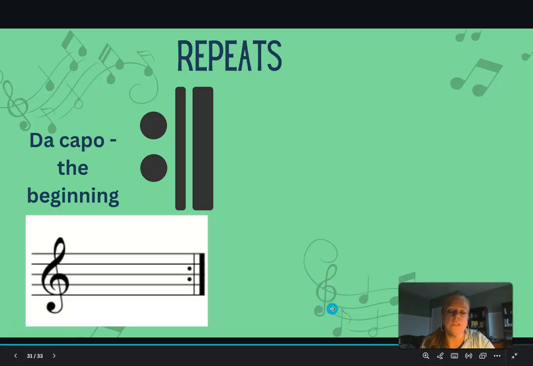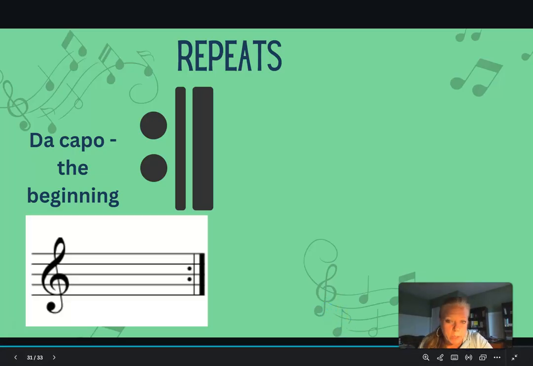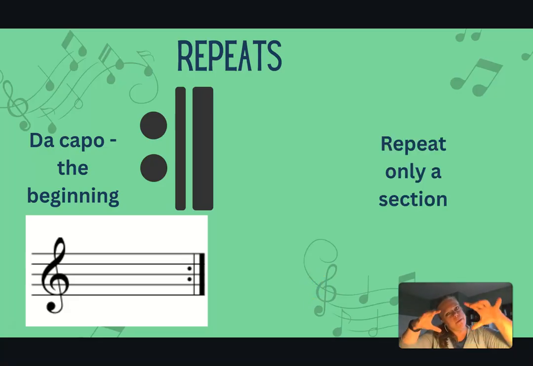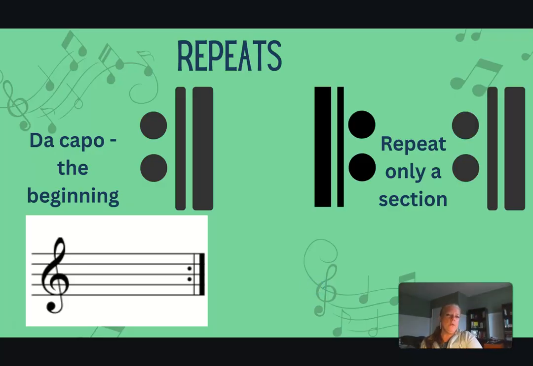However, you could also see, oh, this is what it looks like in real music. It's beautiful. Now, if you only want to repeat just a single section, not the entire thing, then you would use a different set. You would need to have two sets of repeats. There is this, which is oddly enough a backwards repeat, and then this is the repeat.